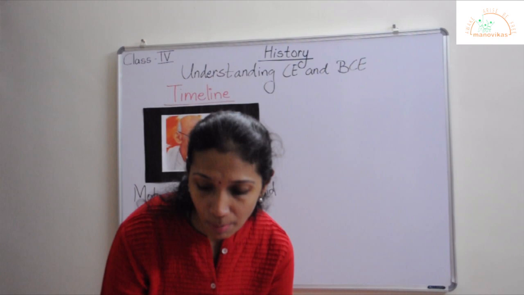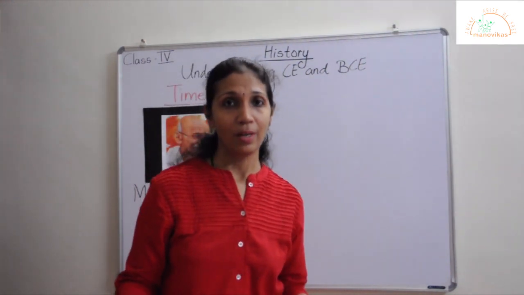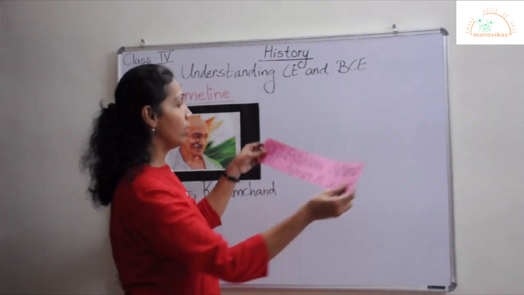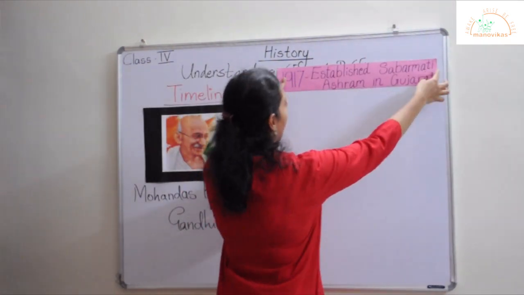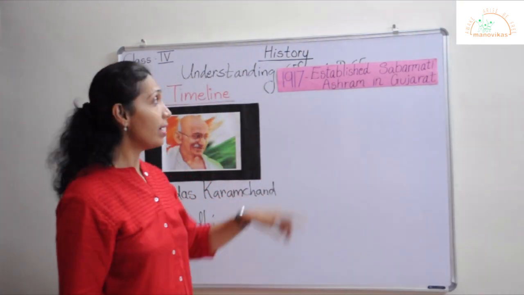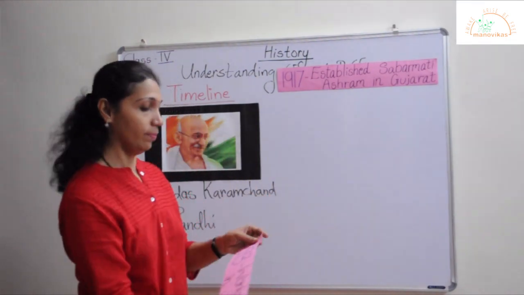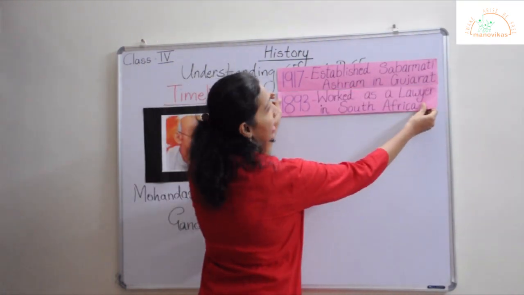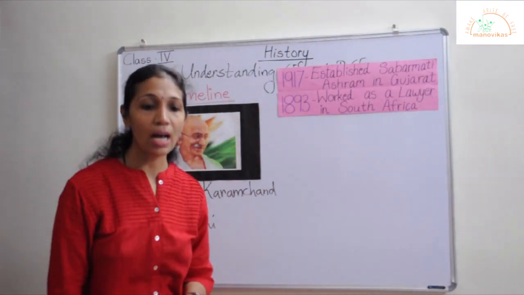Now I am going to put some of the important events of his life along with the years on the board. In 1917, he established Sabarmati Ashram in Gujarat. In 1893, he worked as a lawyer in South Africa.